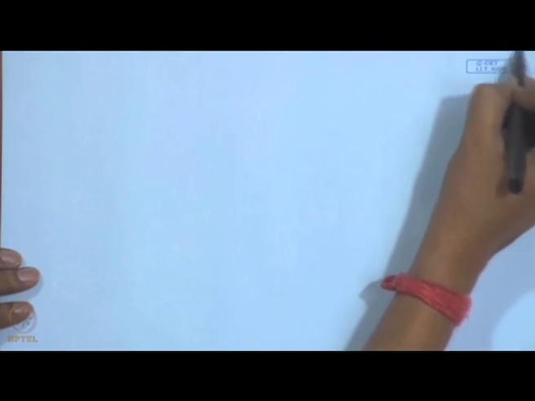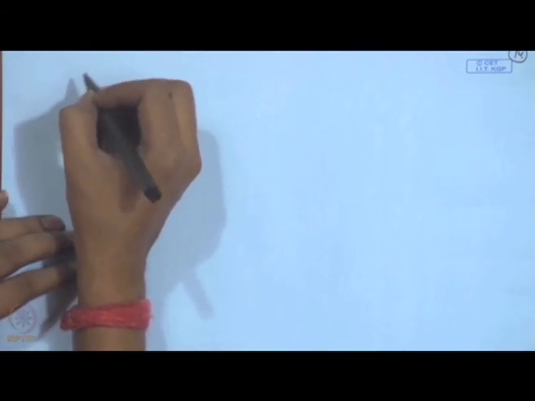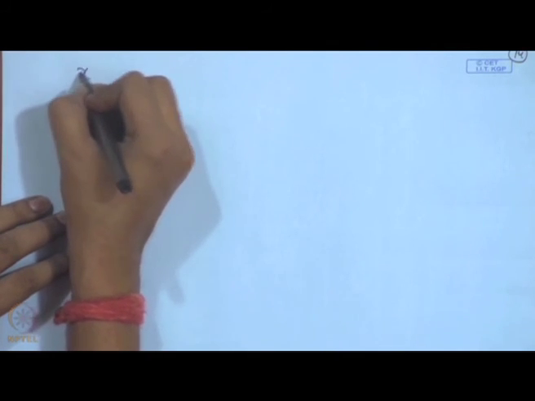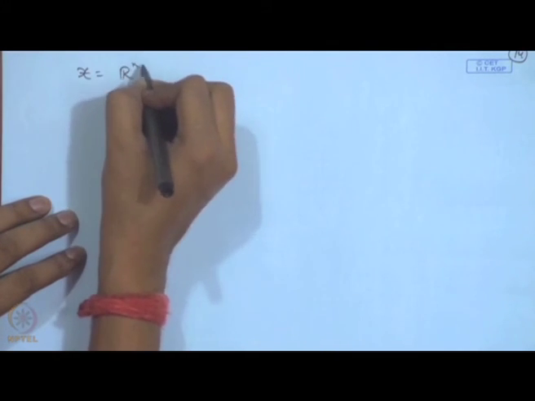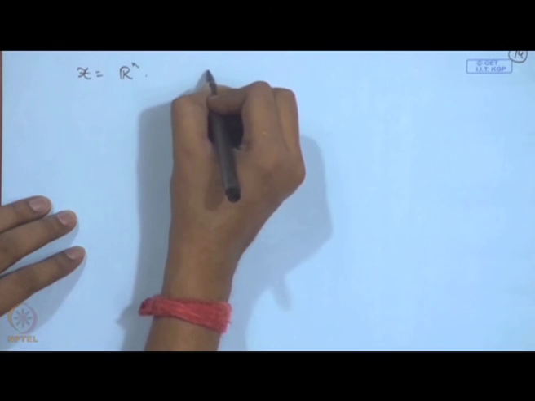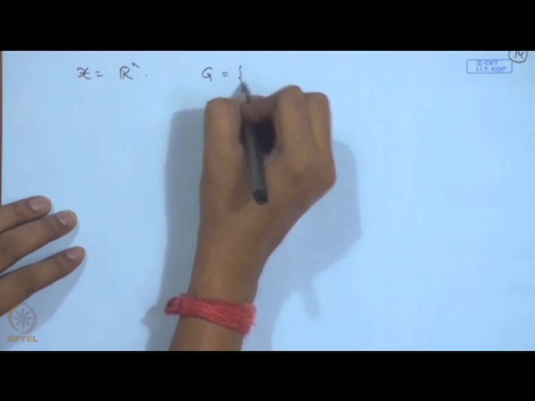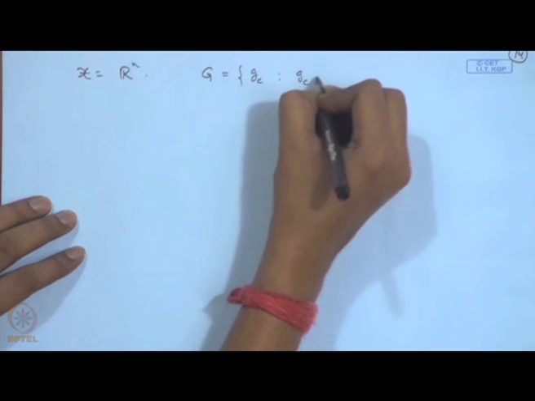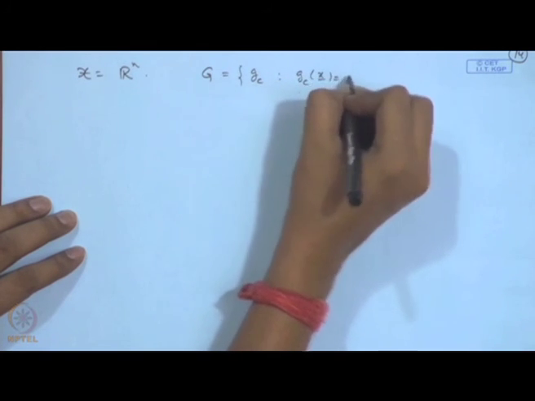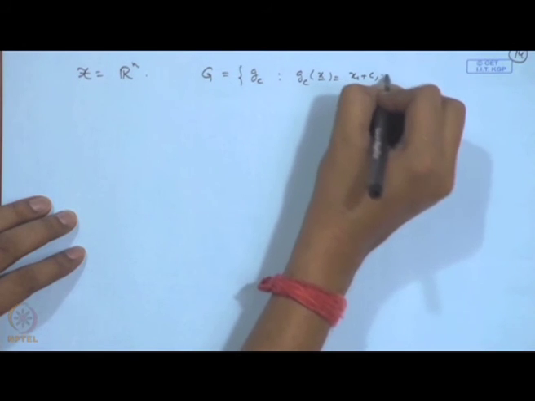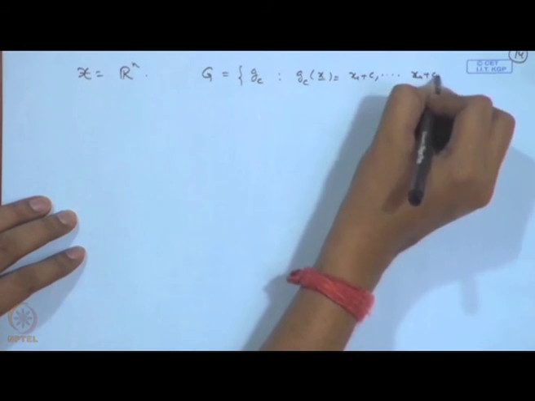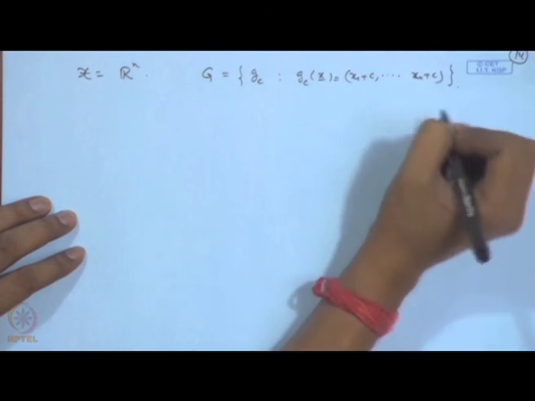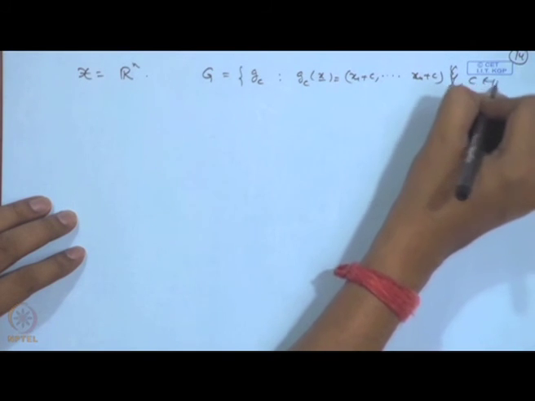Let me explain through some example. Let us consider, say, n dimensional Euclidean space, and G is the group of translations. So, g_c of x is equal to x 1 plus c, x 2 plus c, up to x n plus c, where c is any real number.